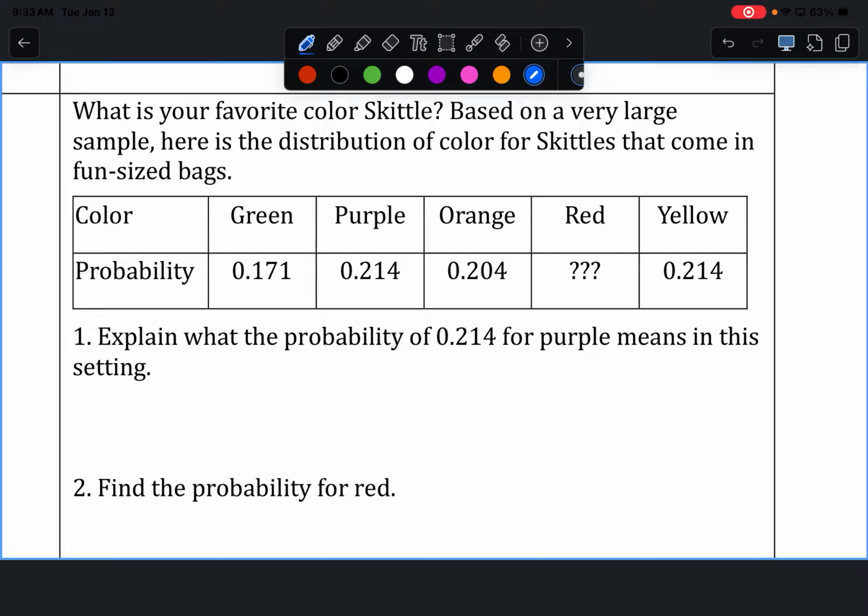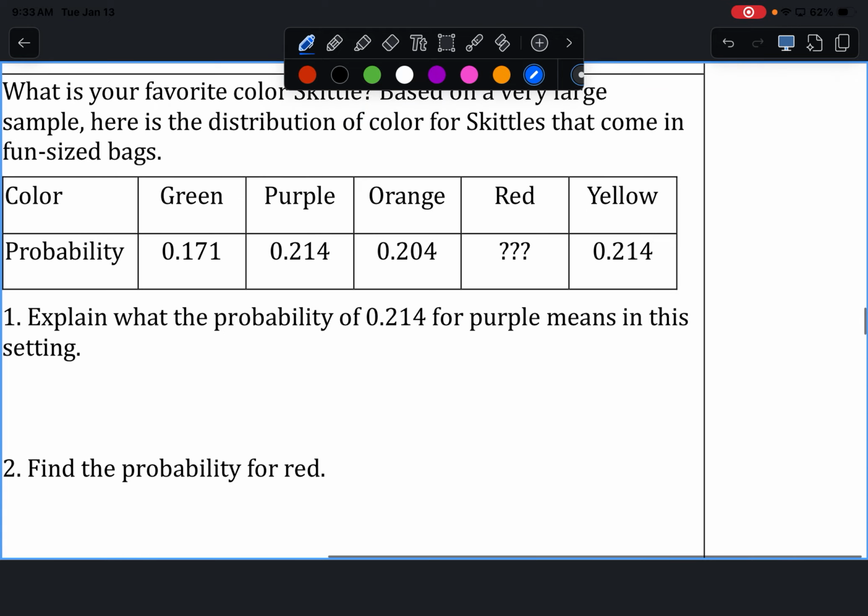The probability for pulling a green is 0.171, purple is 0.214, orange is 0.204, and yellow is 0.214. We don't know the probability for red. Now, knowing what we know about a sample space, what does all of this need to add up to?